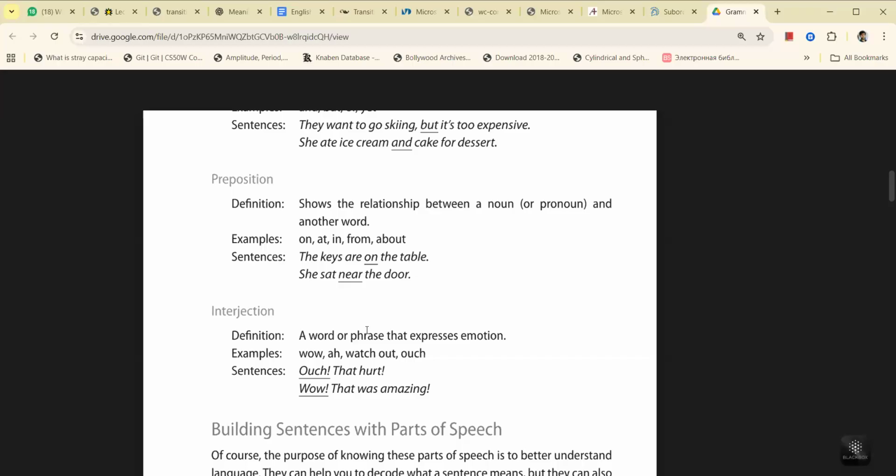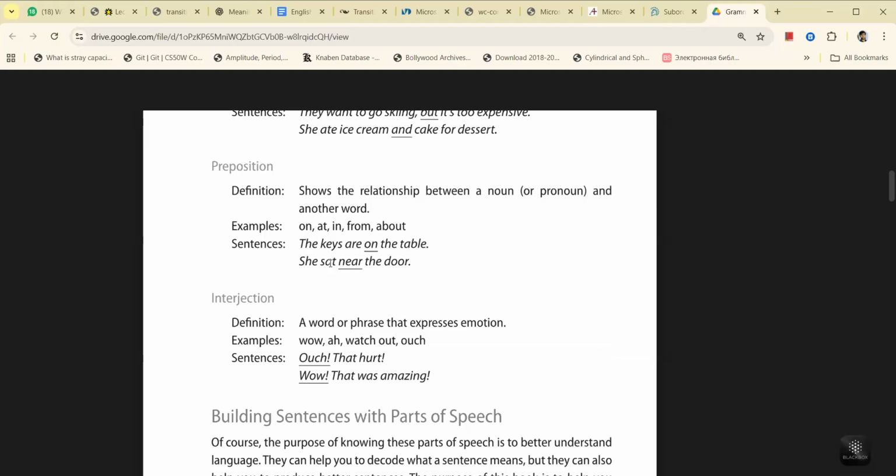If we say simply, she sat the door, it is probably not making good sense and feels like an incomplete sentence. But when we use a preposition, we can see how it makes complete sense. Even if we say the keys the table, it's difficult to understand where actually the keys are.